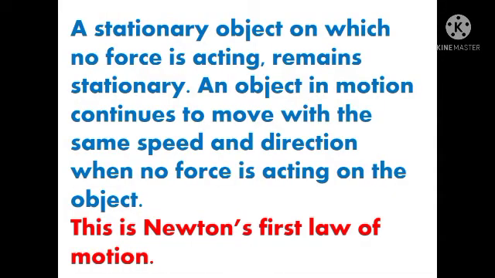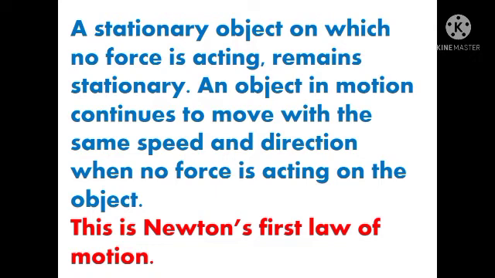A stationary object on which no force is acting remains stationary. What does it mean, students? When is an object said to be stationary? When it is not moving, when it is at its rest position, then such an object is said to be a stationary object. An object in motion continues to move with the same speed and direction when no force is acting on the object.